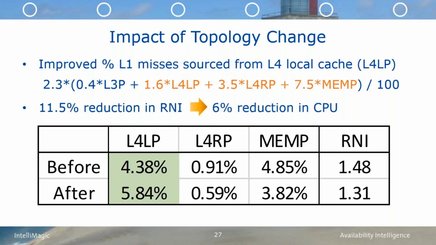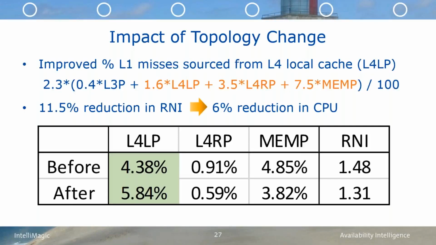This resulted in an 11.5% reduction in RNI, and IBM measured a corresponding 6% increase in effective capacity as a result of this single topology change, a change that did not require deploying any additional hardware but only involved utilizing the existing hardware more effectively.